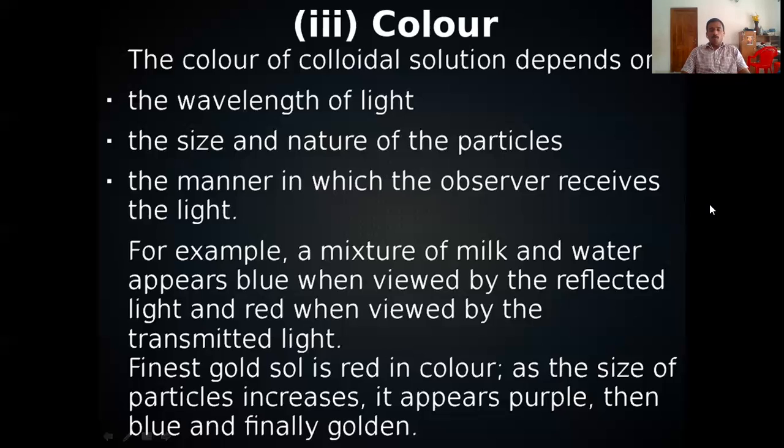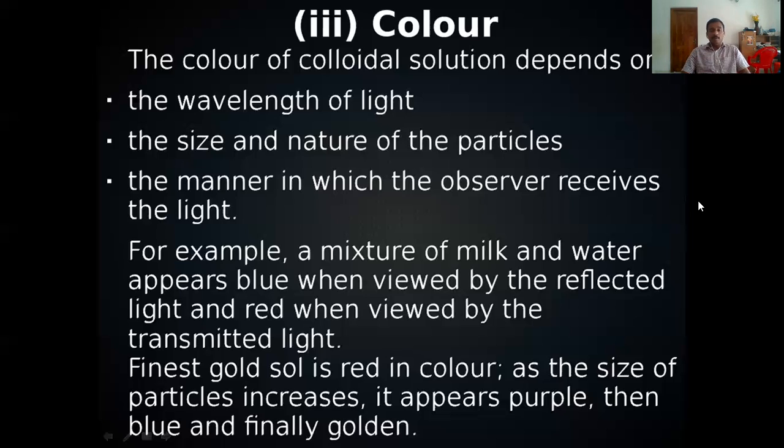But when you view the transmitted light, it will appear as red. If you are standing on the opposite side of the light, you can see it in red color.